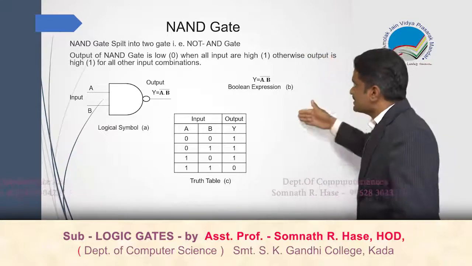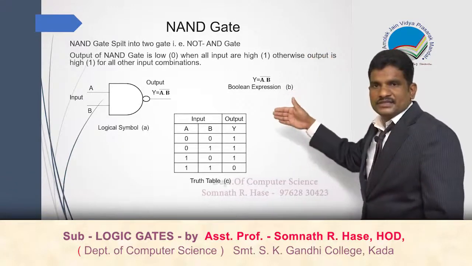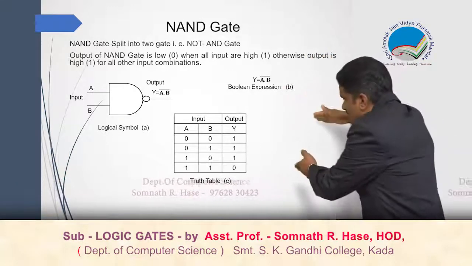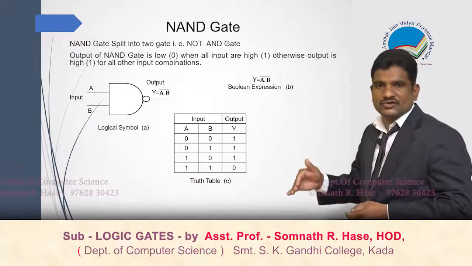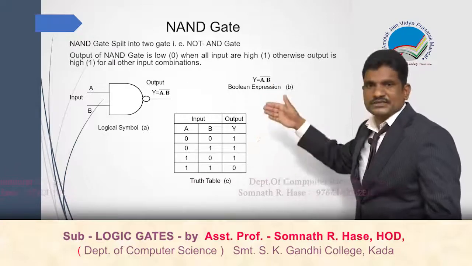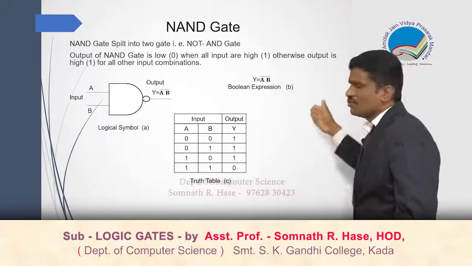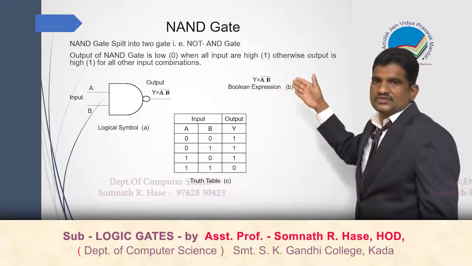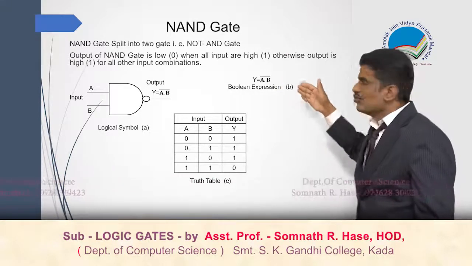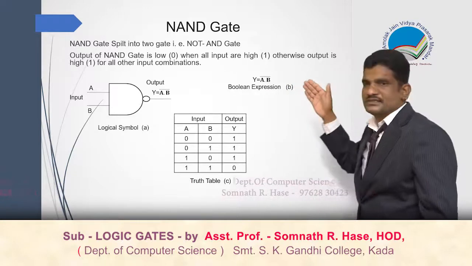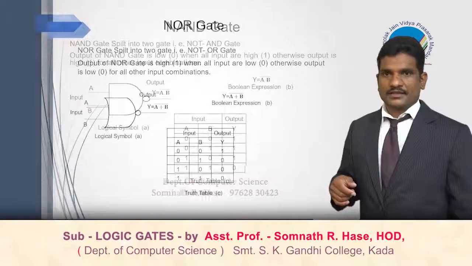In all other cases, the output is 1. You can see in this truth table, when both the inputs are 1, the output is 0. In all the other cases, the output is 1. So this is the logical symbol of the NAND gate, and the Boolean expression is Y equals A NAND B.